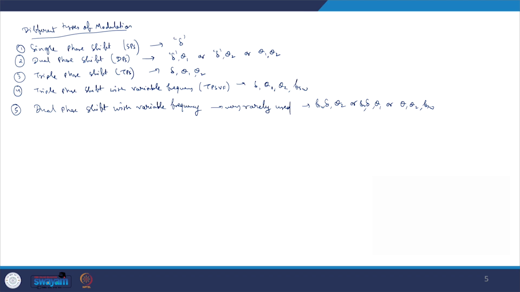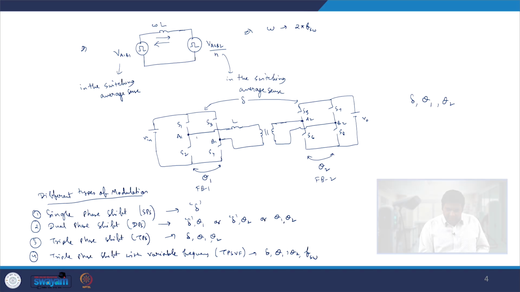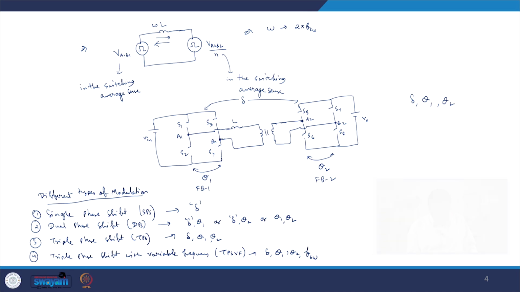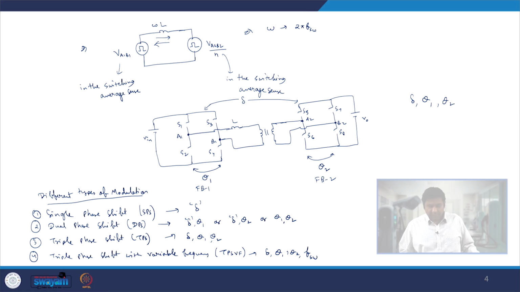So what we saw are different kinds of modulation. In single phase shift, we are just changing the phase shift angle between full bridge 1 and full bridge 2. In dual phase shift, along with this delta, that means the phase shift between full bridge 1 and full bridge 2, we are also giving a phase shift either from full bridge 1 or full bridge 2. That's when we can control the time period for which the V in voltage is applied from A1 B1, and the time period for which the positive V naught voltage is applied from A2 B2.